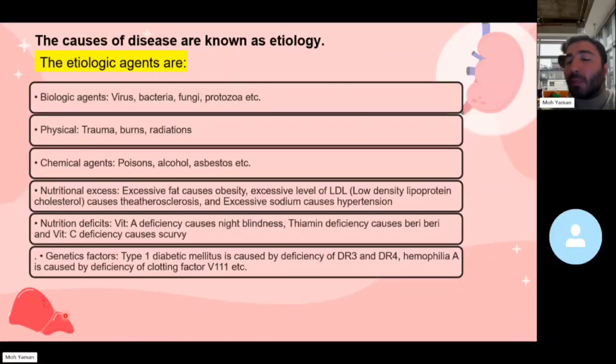For example, if someone has a burn in his skin, maybe a scar will occur. This scar will stay with this person until death. Or if there is inflammation or any damage to the eye, maybe the result will be blindness. So this blindness is a state.